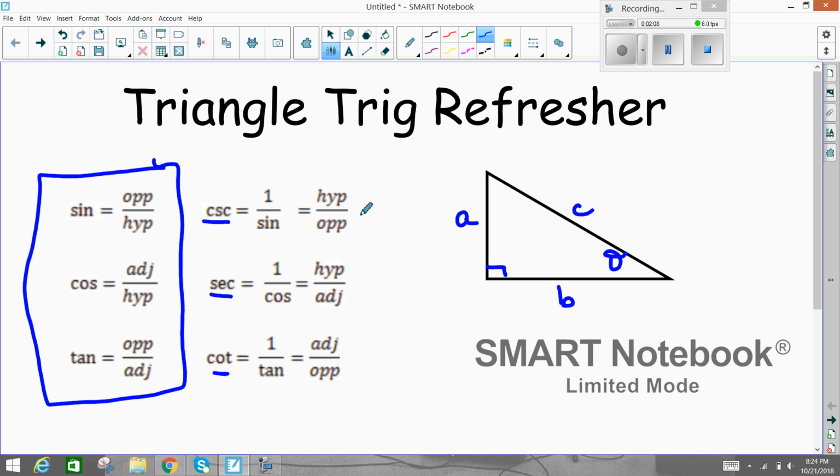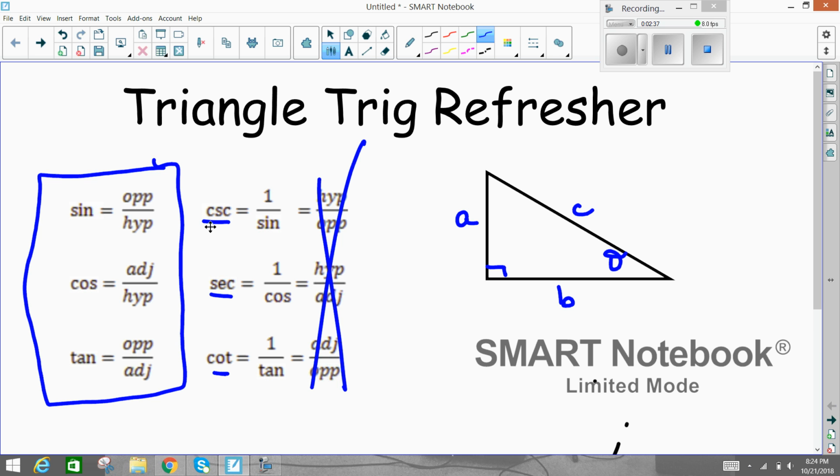You could also think of cosecant as hypotenuse over opposite, which is the reciprocal of sine. I wouldn't do that. I would just remember cosecant as the reciprocal of sine. So if you wanted to find the cosecant of theta, you would find the sine of theta, which is A over C. And then the reciprocal of that would be C over A. So that would be the cosecant.